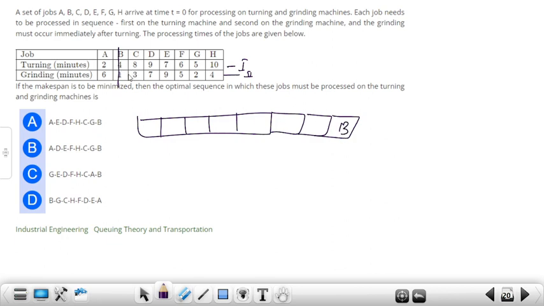Then the next minimum is 2. 2 is present on the first turning machine, so it is taken on the left side, which is A. Then the next is 2, which is in G, and it is the grinding time of the second machine, so it is taken on the last side.